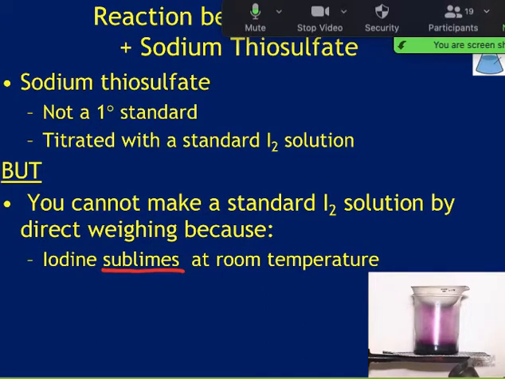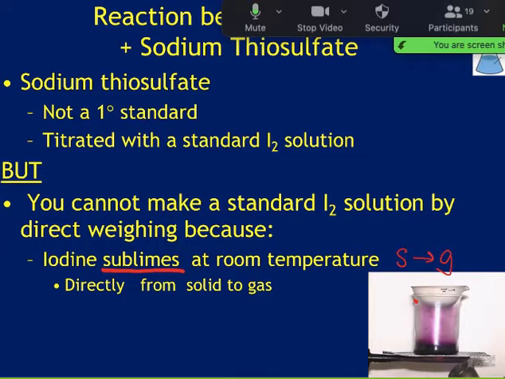So I have a version of this in school. It's done with test tubes though, and you just have your iodine in there and you heat it, and it'll go from solid to gas. It bypasses the liquid phase. So that can be an issue if you're trying to weigh something out at room temperature, because all the time it's making iodine gas.